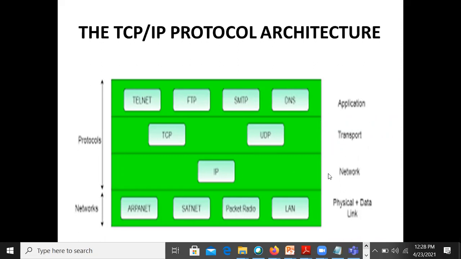The third layer is the network layer. The fourth layer we call physical plus data link, also called the host to network layer. You have to remember these 4: application layer, transport layer, network layer, and physical layer.